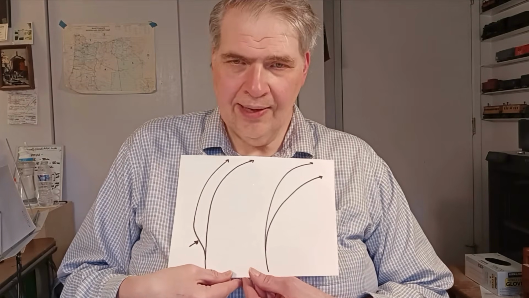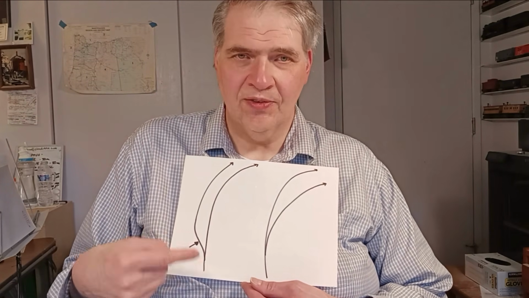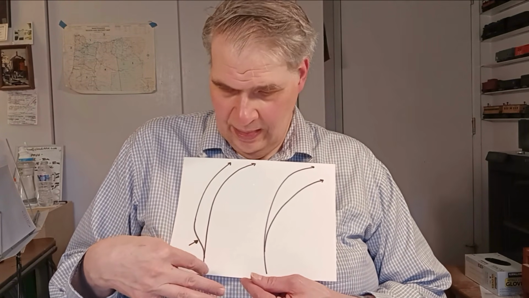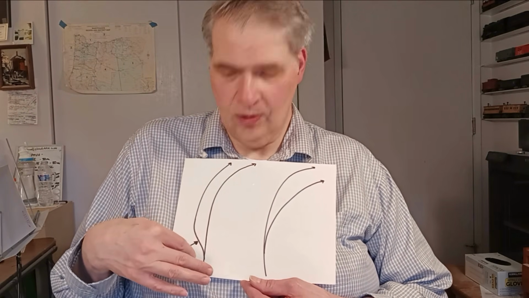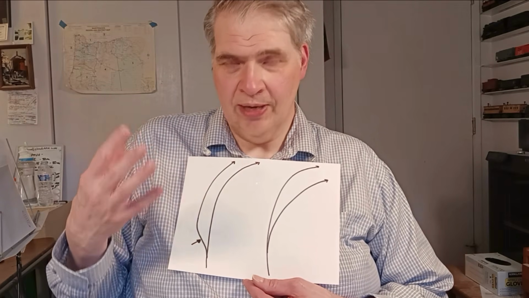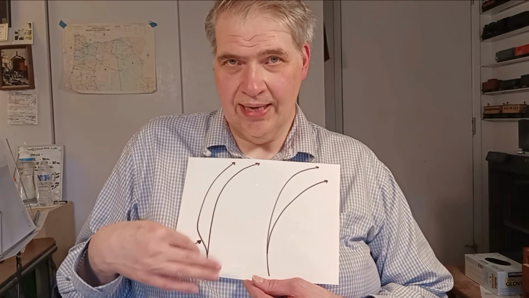The second way of mitigating that is using curved turnouts. The one advantage of curved turnouts versus, if we were going to take a siding around a corner and I had a regular straight turnout, I have to start it on the straight section here.